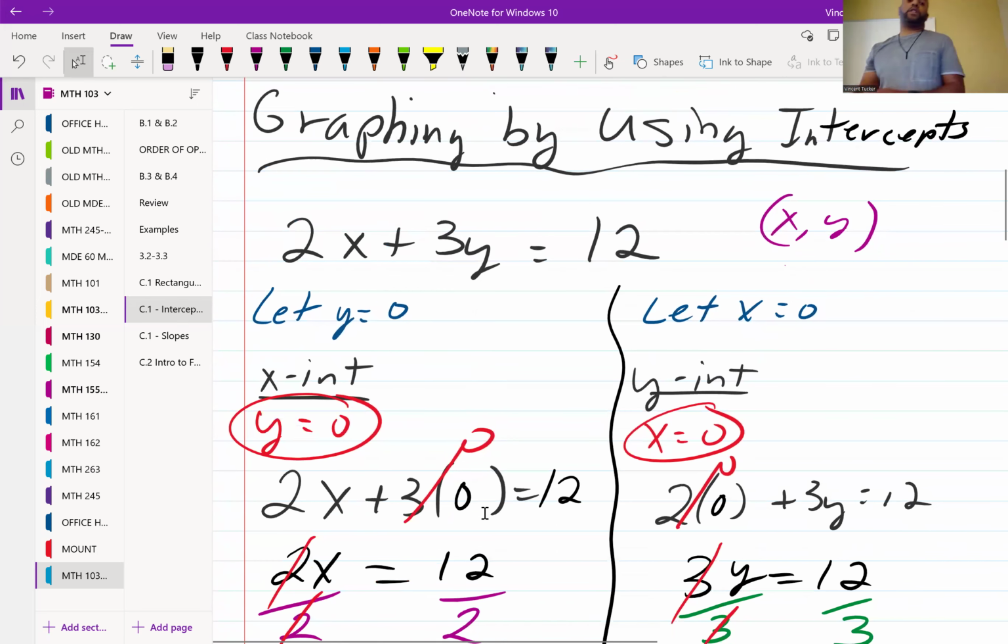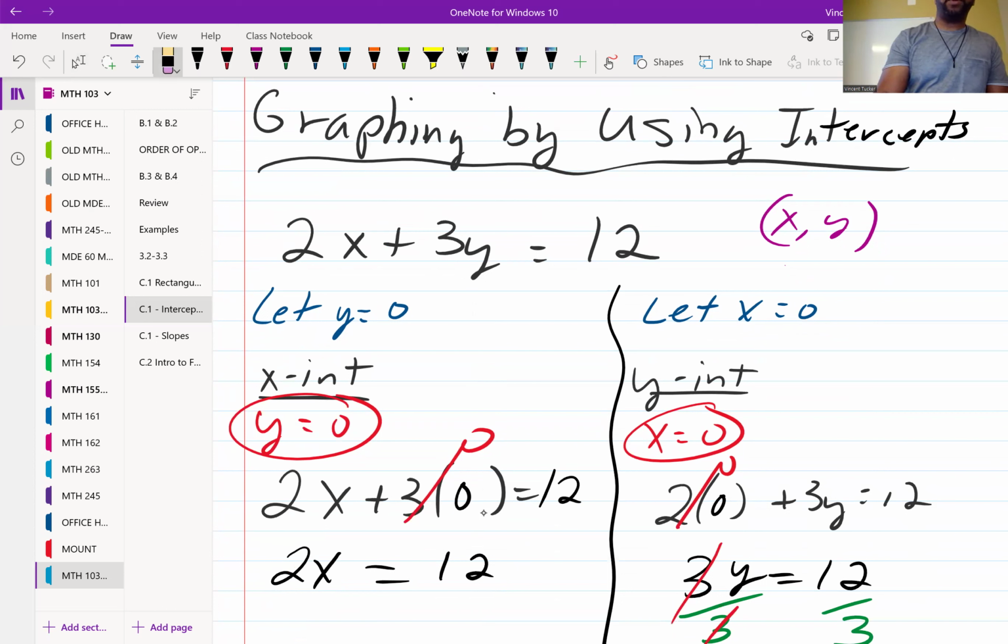Let's say my equation is 2x plus 3y equal to 12. It doesn't matter which intercept you decide to find first. Keep in mind your x-intercept and y-intercept are two different points, so you're not finding them together. You find each one separately.